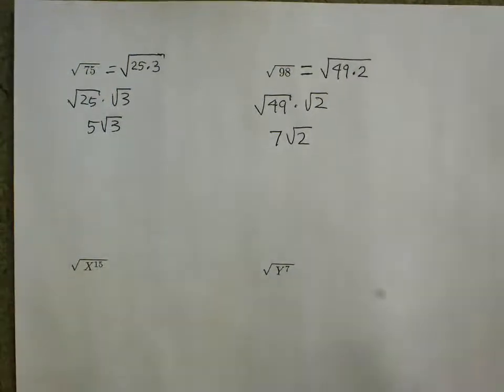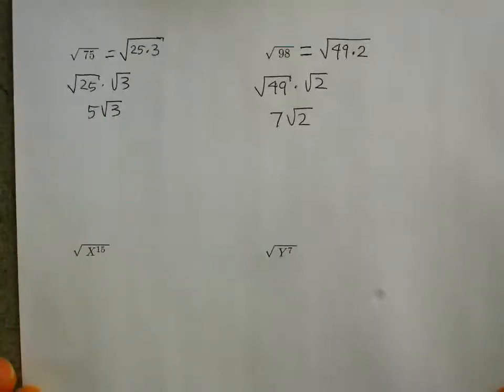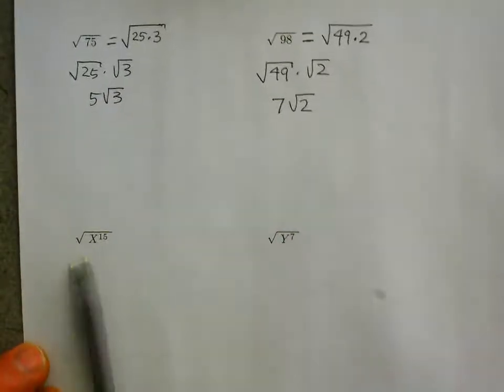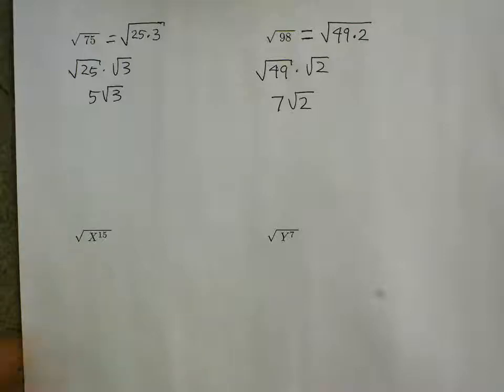All right, now we'll do some square roots of expressions with variables. Simplify the square root of x to the 15th. The exponent on the variable x is 15, which is not even.